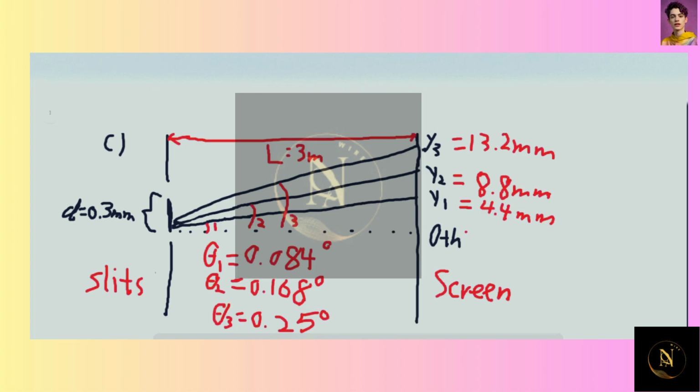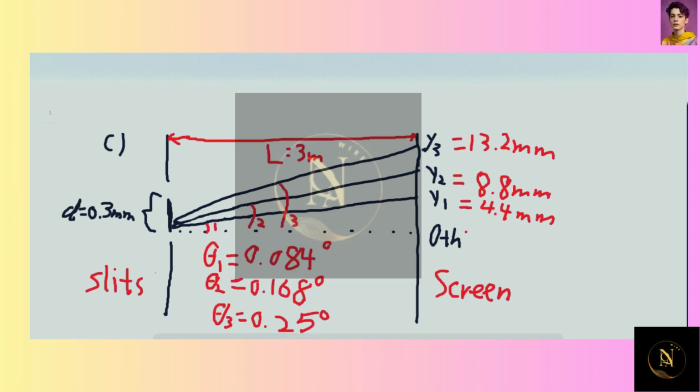And the separation of the two slits is 0.3 millimeter, which is here. We already calculated the spatial separations from the zeroth order to the n order. So y1 is 4.4 millimeter, y2 is 8.8 millimeter, and y3 is 13.2 millimeter.